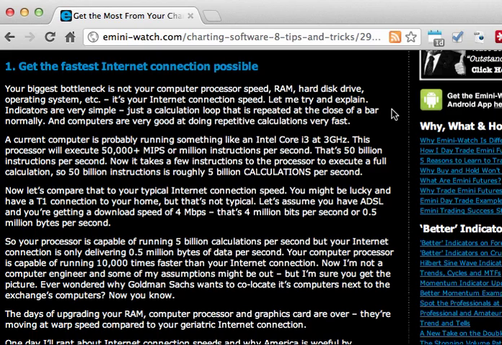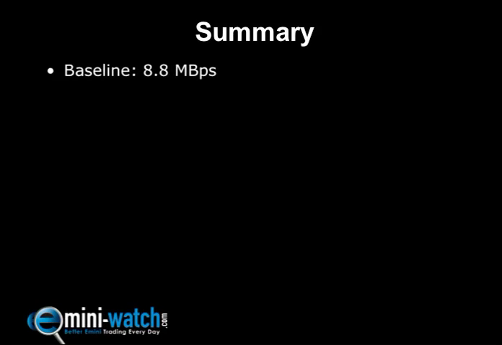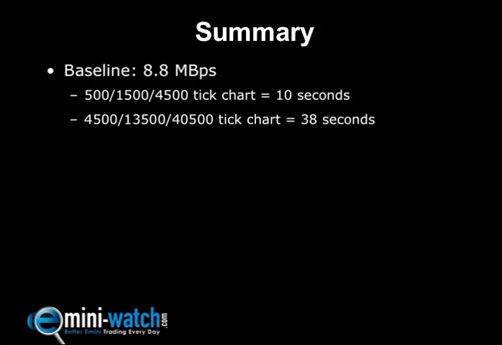Well, the jury is now in with this latest connection speed upgrade, and let me show you what the results are. In summary, the starting point was last week's speed of about 8.8 megabits per second, and just loading 2 of my tick charts. Tick charts are the most processor intensive and data intensive of all the chart types.